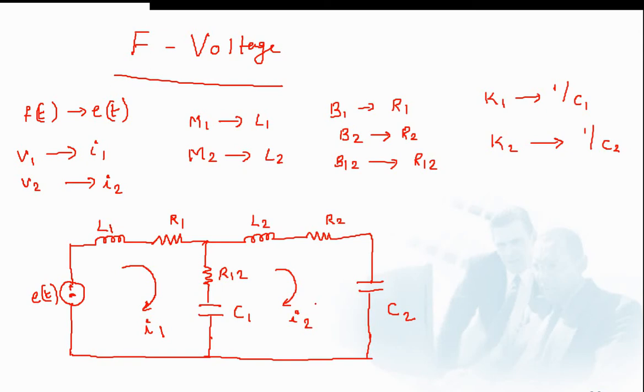Now we can write the dynamic equation of the system by applying KVL to the first mesh and second mesh.